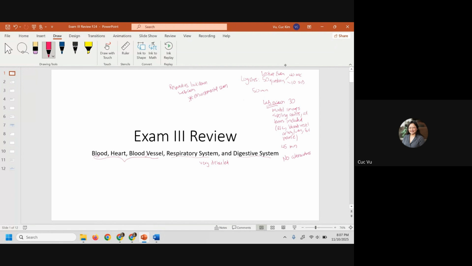For example, a common abbreviation that students use is RA for right atrium. You have to make sure you write it out. Or PCT. We haven't gotten to that because that's the urinary system, but proximal convoluted tubule. So make sure you write it out fully.